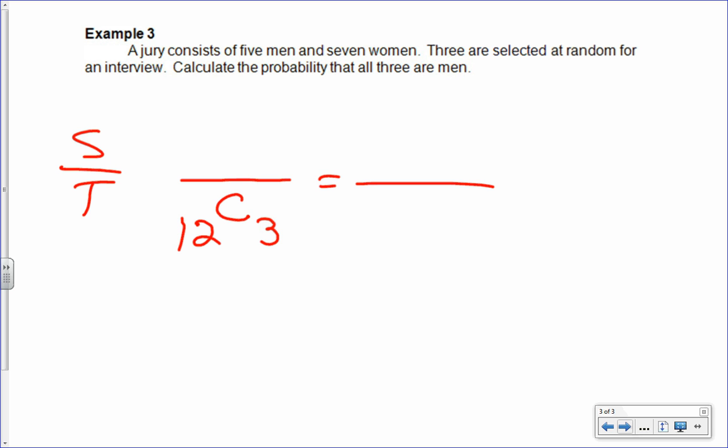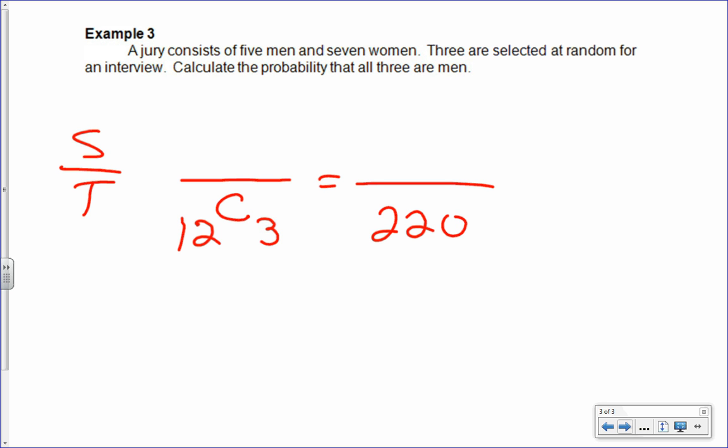So again, this is just how many ways I can get 3 people out of there. 220. That's how many ways I can pick 3 people out of that bunch. So not very many because we're starting with such a lower number. Last time it was 52 cards, right? Here we only have 12 to choose from. So that first number actually does change this quite a bit.